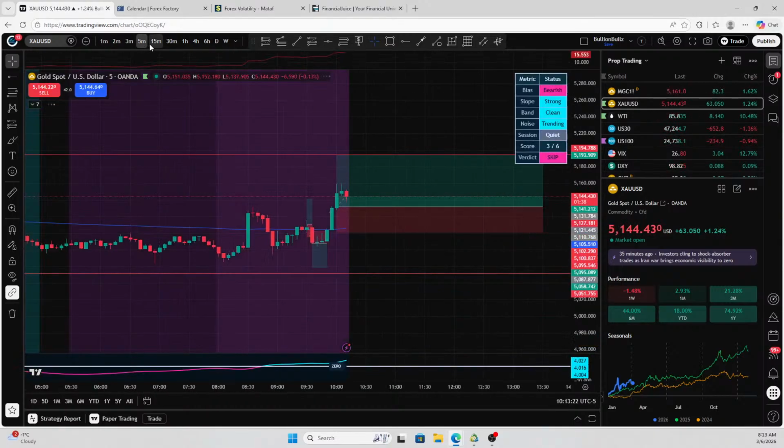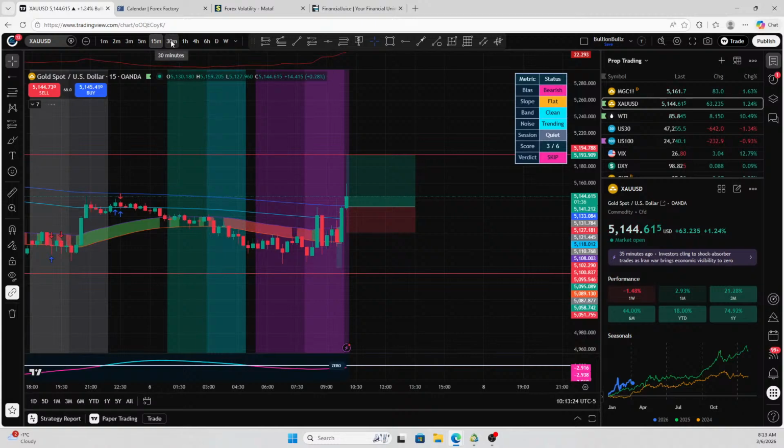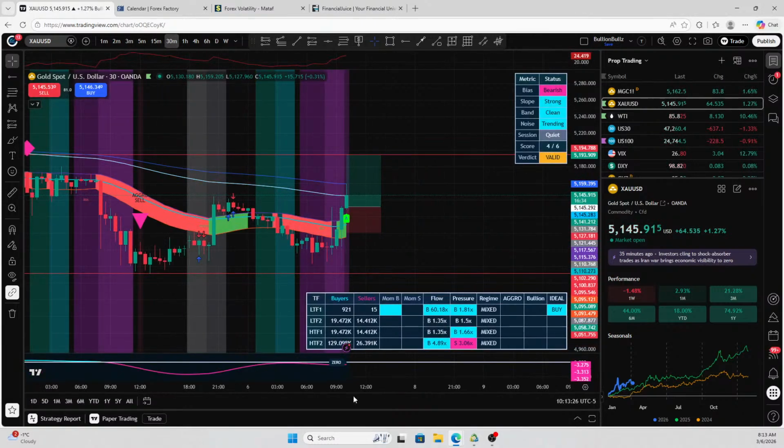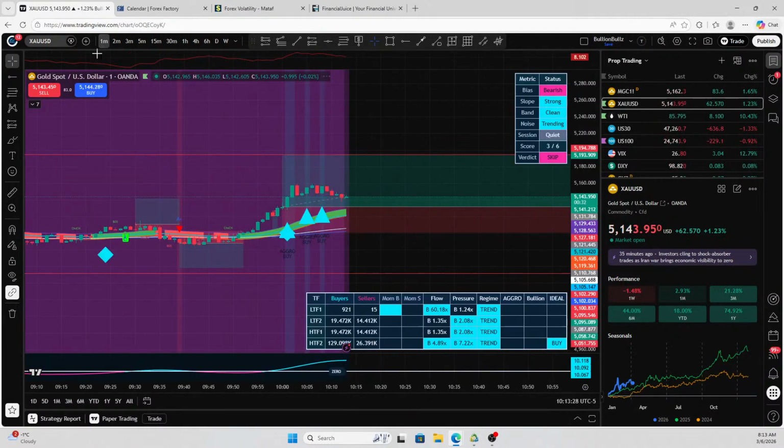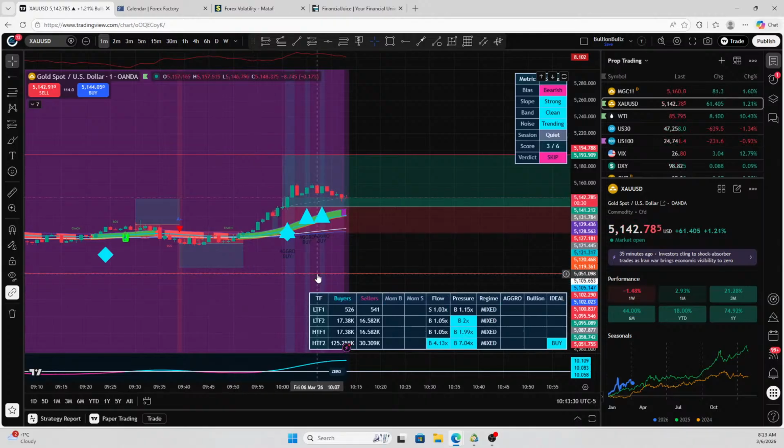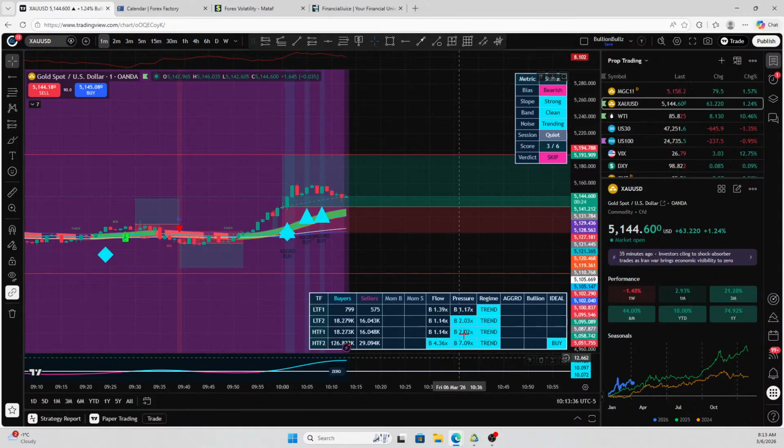The only thing there is the oscillator. The oscillator on the higher time frame is pointing towards the bear side. But we're utilizing the pressure here, and this is telling us that there's still buying pressure in the market.